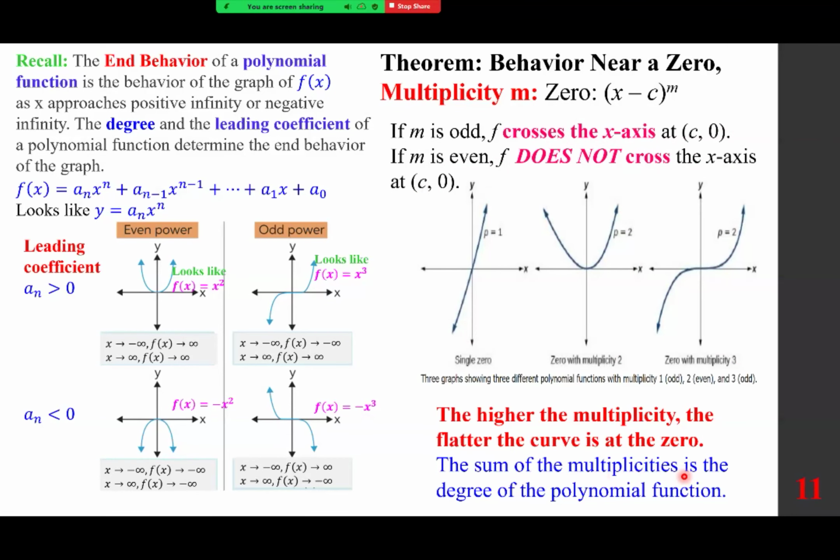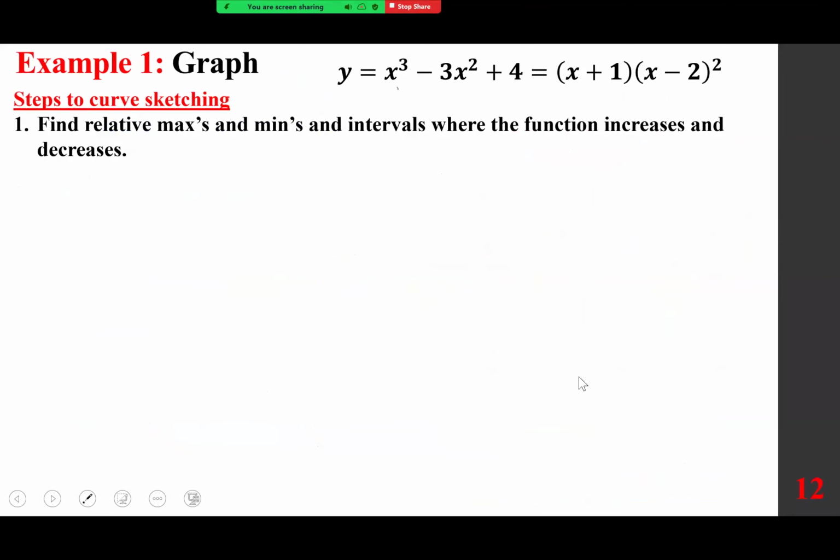So I thought it's worth reminding everyone how we did the graphing previously. For this example, I want to use that information and graph it, and then we're going to add calculus to make it look better. Just the way it is, we are going to find the intercepts first. So example 1: graph y equals x cubed minus 3x squared plus 4.